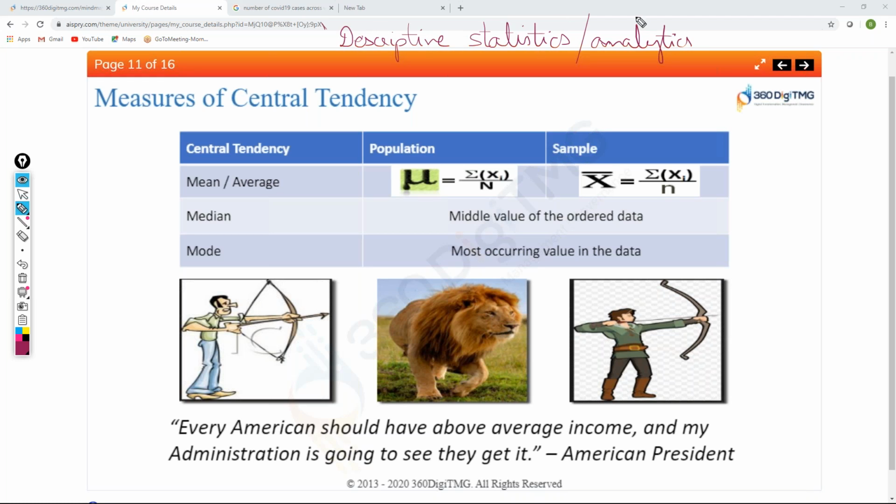And in this descriptive statistics or analytics, the first step is called measures of central tendency, which is also called the first moment business decision.